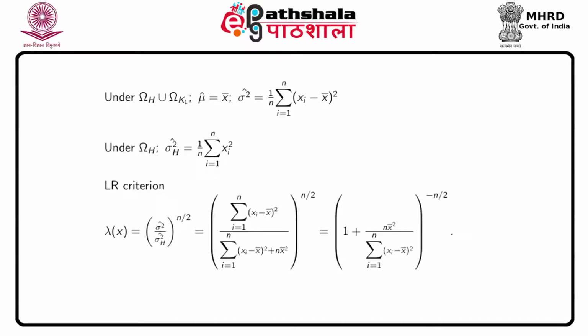So as a result, here the likelihood ratio criterion lambda(x) will be equal to (sigma square hat by sigma square hat h) to the power n by 2, which on simplification becomes (1 plus n into x bar square by summation (xi minus x bar) whole square) whole to the power minus n by 2.